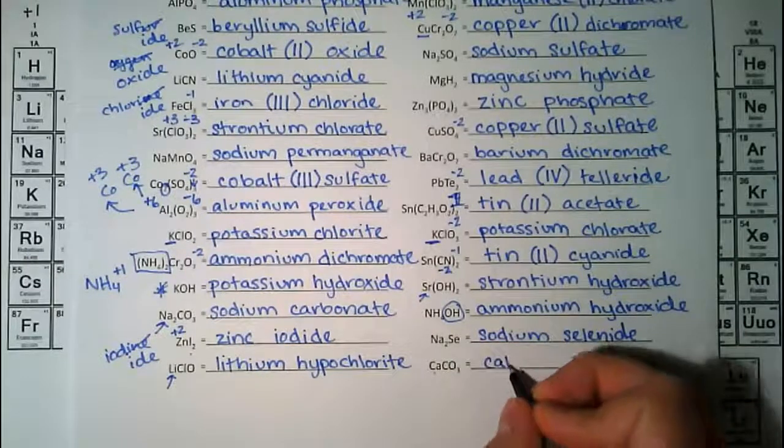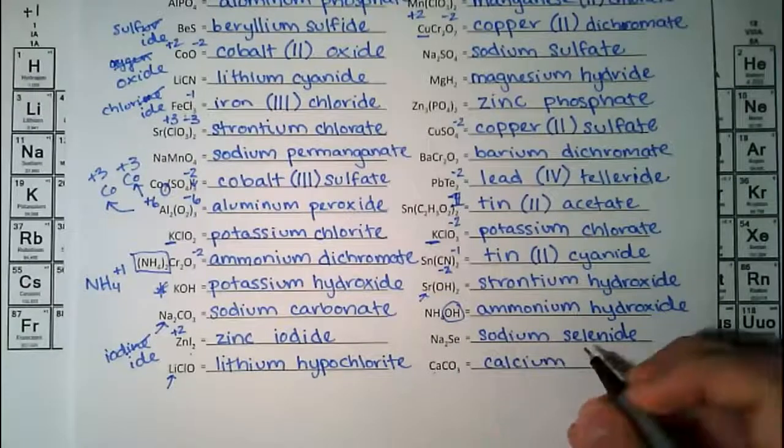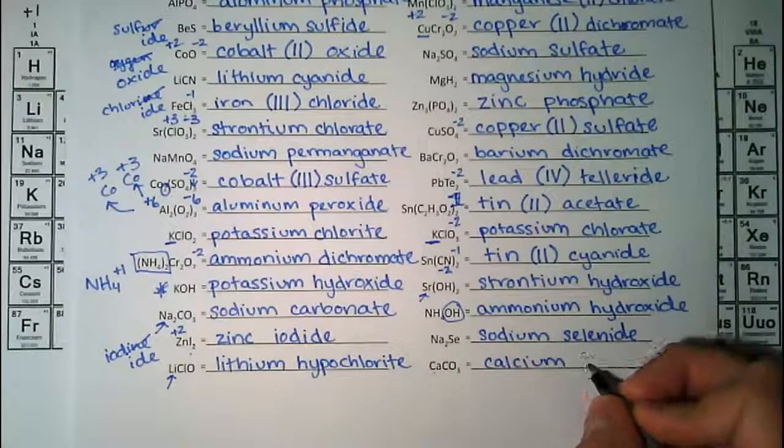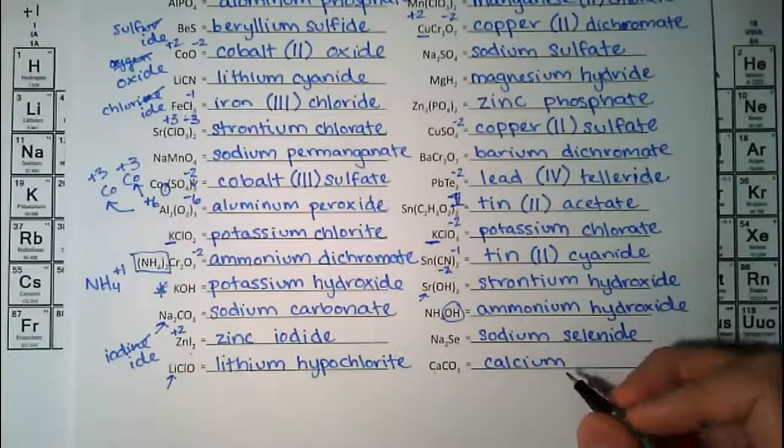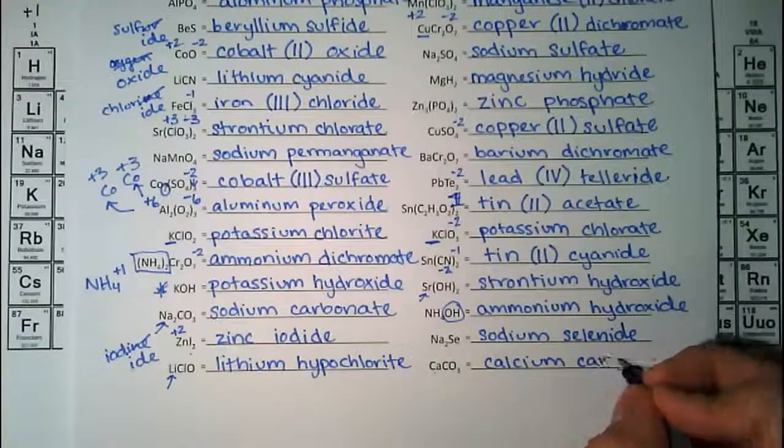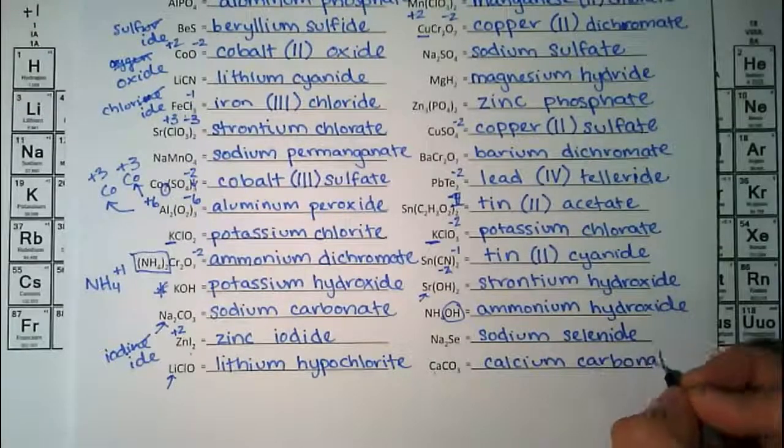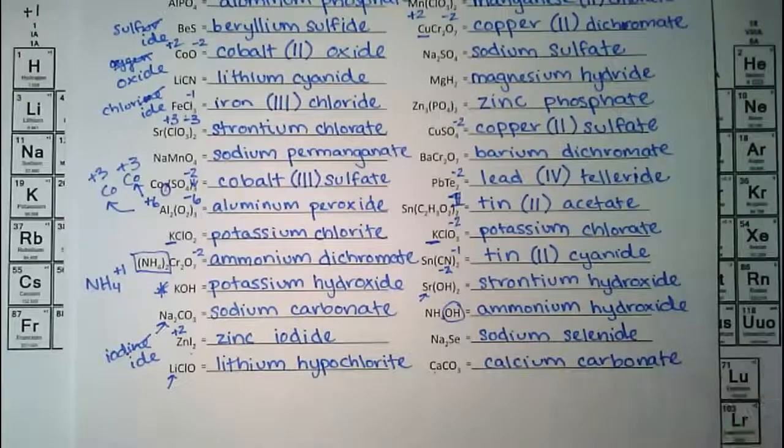Calcium's a main group metal, so no Roman numeral needed. And then we have CO3, which we know is the carbonate ion. Carbonate. So calcium carbonate. And then I recommend that you go back through and read this list of correct names out loud to yourself to help you start to get used to the language of chemistry.